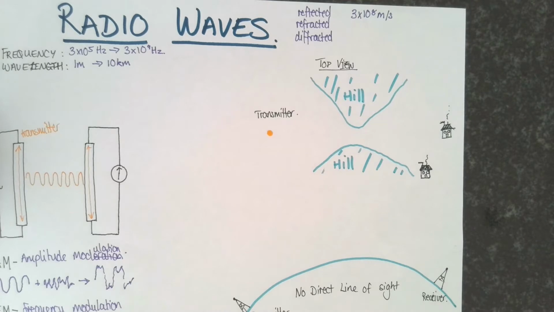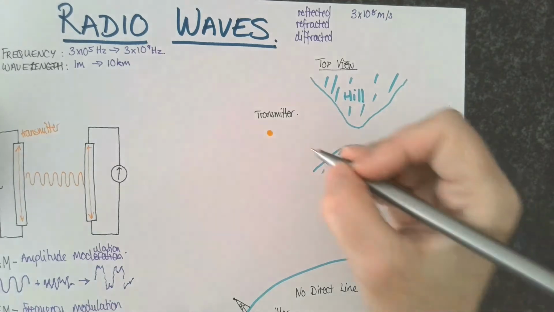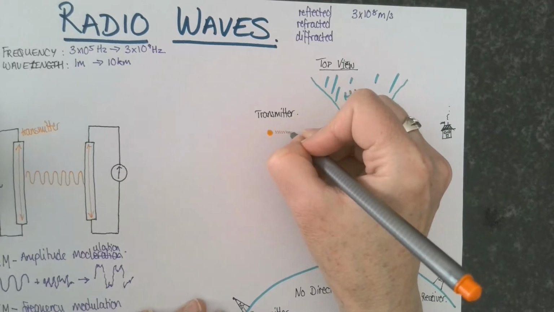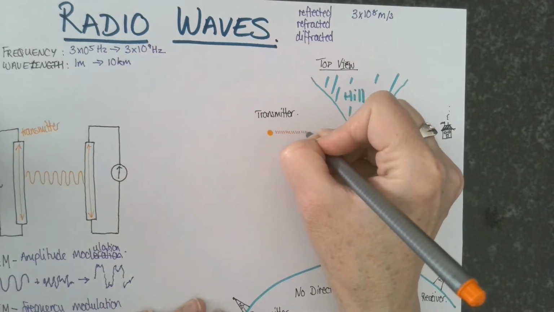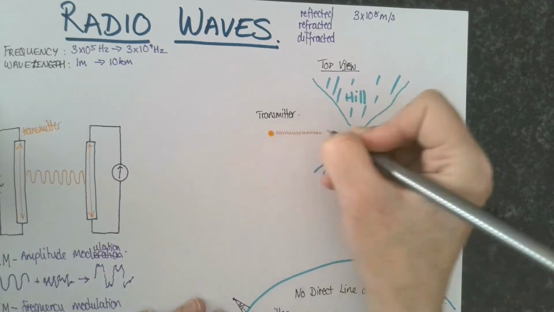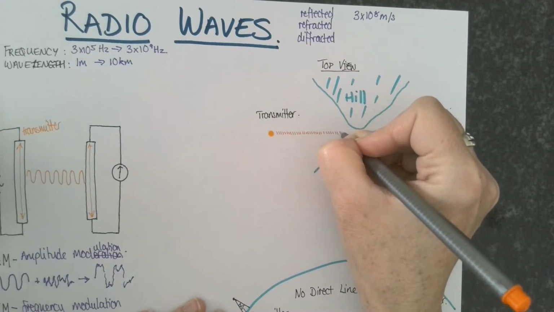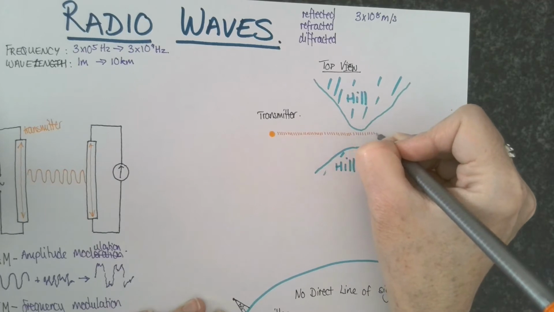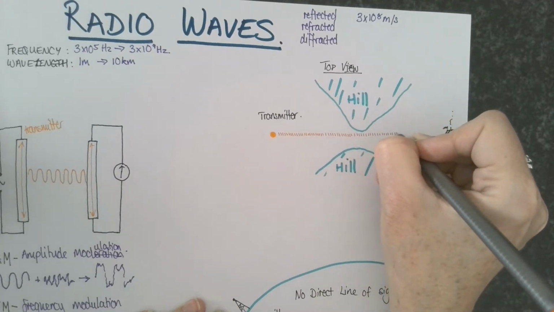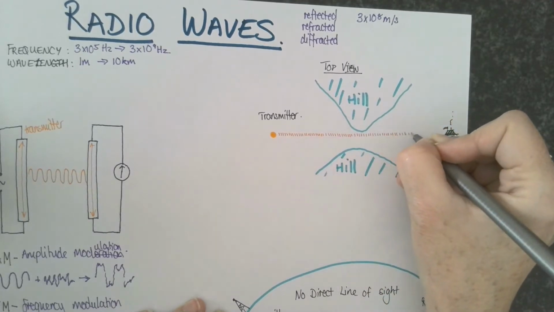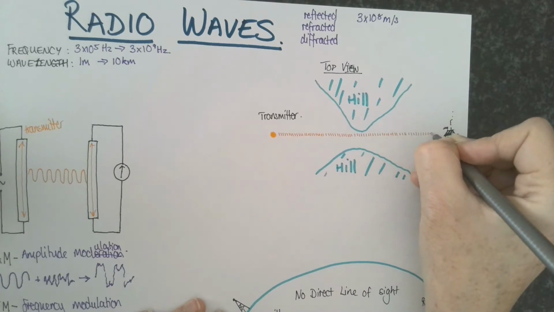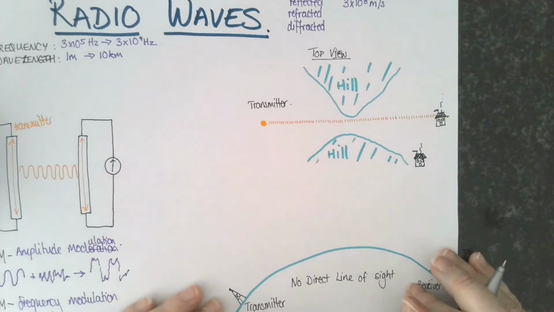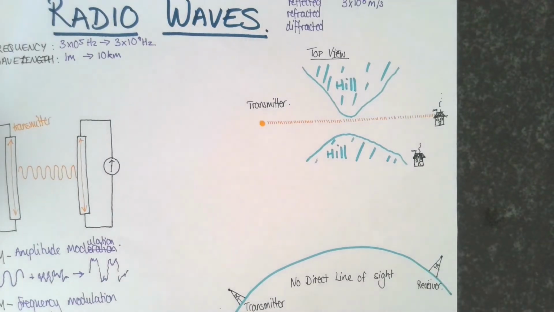So a television signal has a very short wavelength, which means that as it's transmitted, it pretty much can only travel in a straight line. And if you're not in the line of sight of your transmitter, then you won't be able to receive the television signal at your house, if we're using radio waves. If you're on cable, different story altogether.